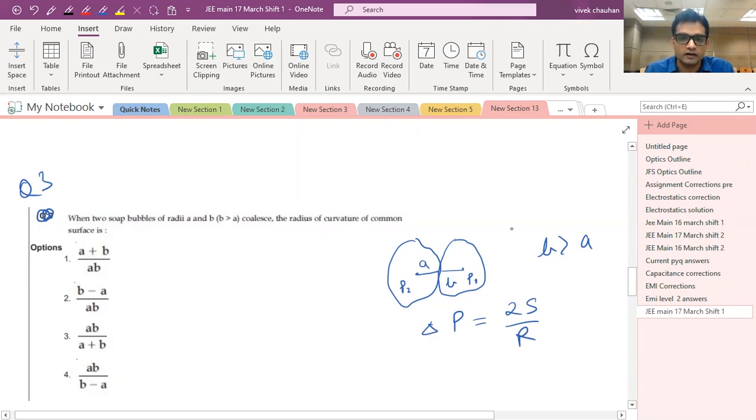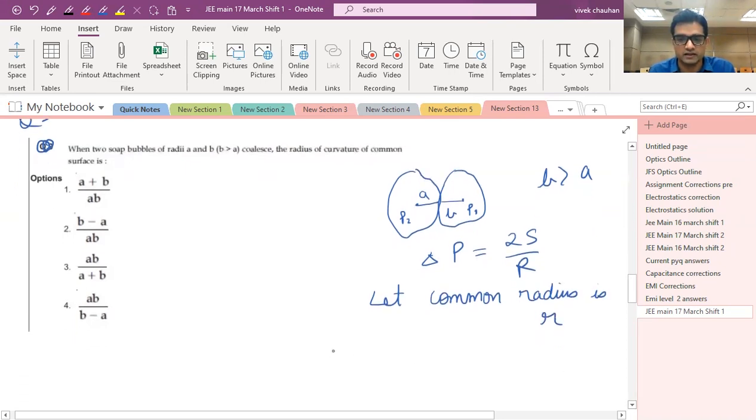So here radius B is greater, so this bubble will have less pressure because it has greater radius. So here we can say, let the common radius be small r.